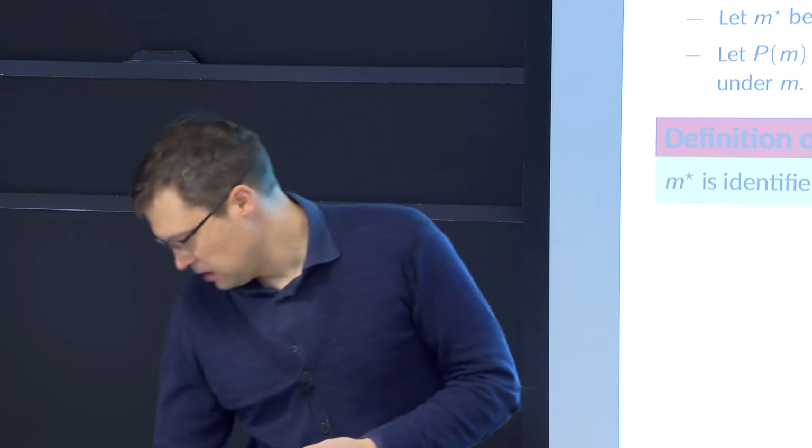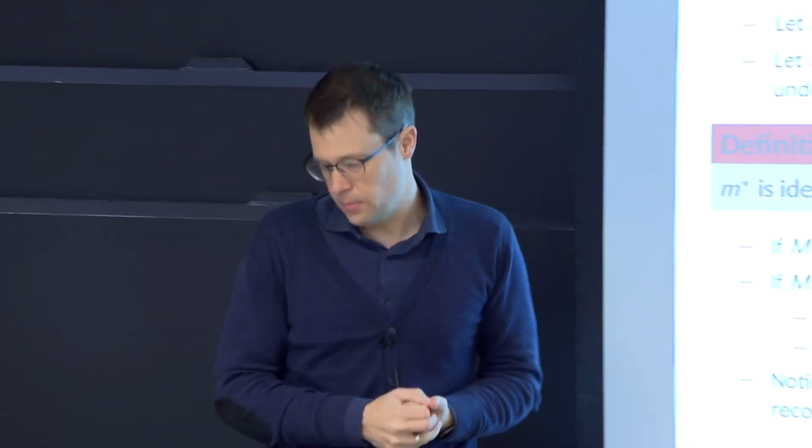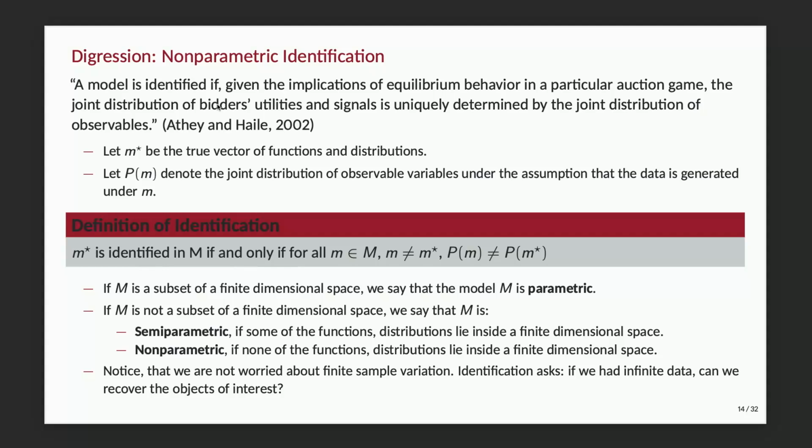Okay, so now with this, I can tell you what it means for something to be non-parametric. First, a parametric model is one where I restrict M to be a subset of a finite dimensional space, let's say I'm searching over the set of normal distributions or exponential distributions. Sometimes one parameter may be enough. Or I could even allow a search over different kinds of parametric distributions, which would still be parametric.